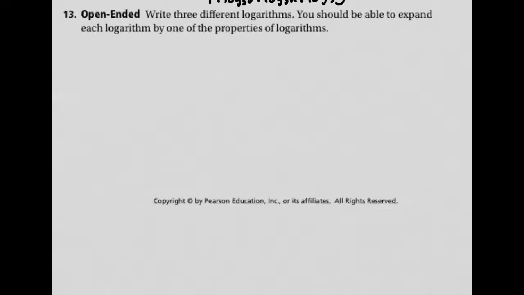Okay, now that we saw all those, let's figure out this problem right here. Write 3 different logarithms. You should be able to expand each logarithm by one of the properties of the logarithms. So it's basically asking me for a logarithm on which I can use the product property, another one on which I can use the quotient property, and another one on which I can use the power property. So let's start with the product property.